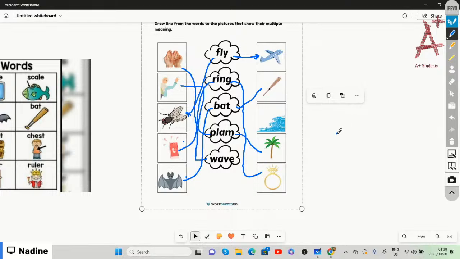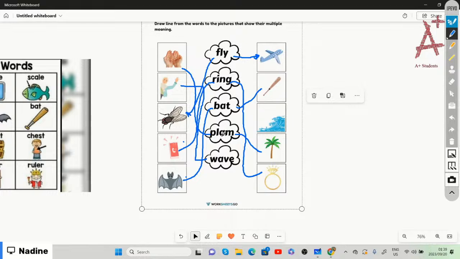All right. So if we look at these words, these are multiple meaning words. It's like in this, the clouds that we see in the middle. It is a word that has more than one meaning, but it also sounds the same and is also spelled the same.